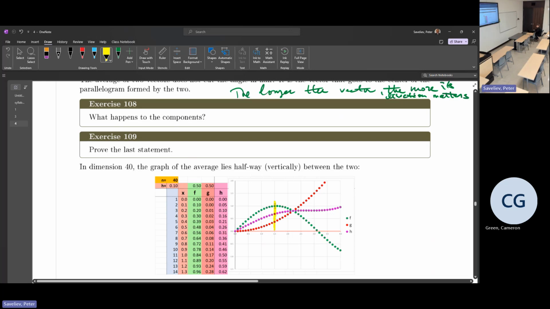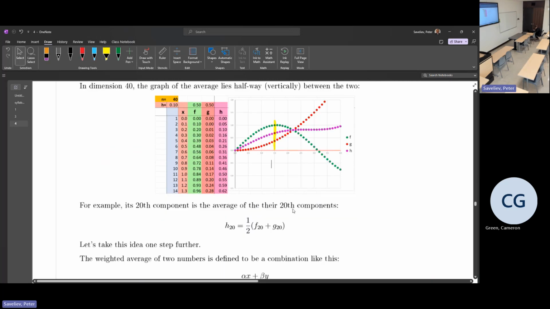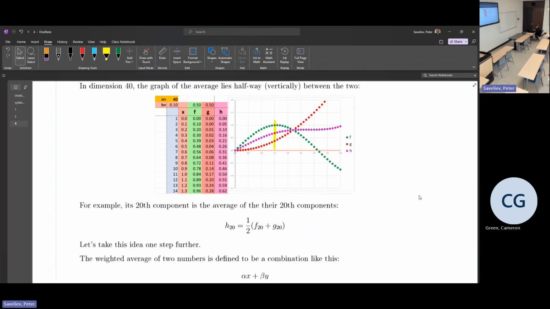What is a vector if not just a bunch of numbers? One component at a time is averaged, so the values lie halfway every time between the two. The 20th component is literally the average of the 20th components of the two vectors.